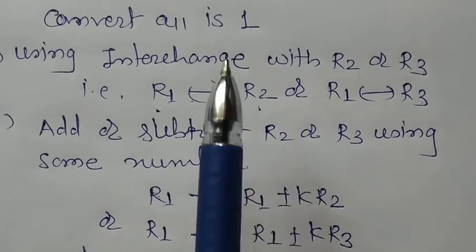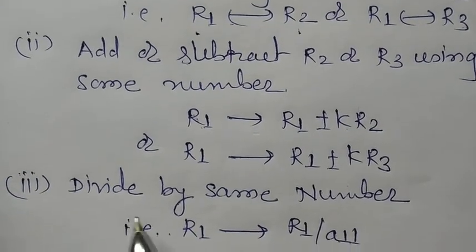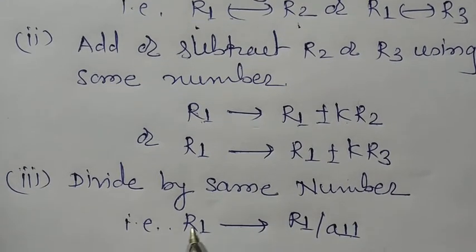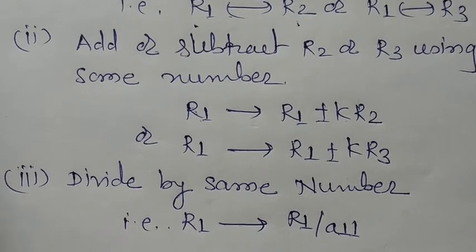If these two tests fail, then we take a third test, that is, divide by the same number. On R1 we do the operation R1 divided by A11. Dividing by the same number makes it possible to get a 1. Now A11 is 1.